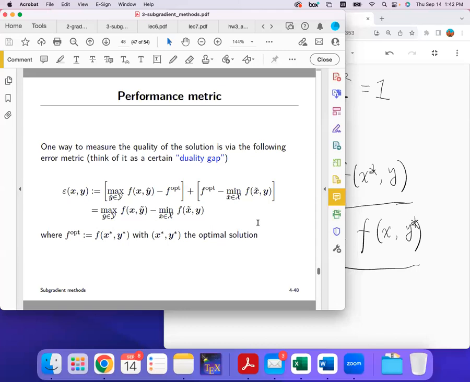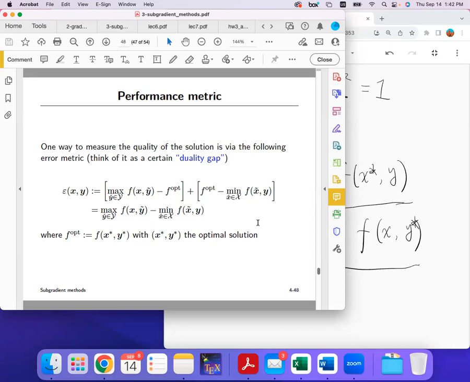The first maximization part is what is the best response to your x. You have fixed x, and you're looking at the best response to your x, right? So player one chooses x. What is the best response for player two? Second one is the best response for y.